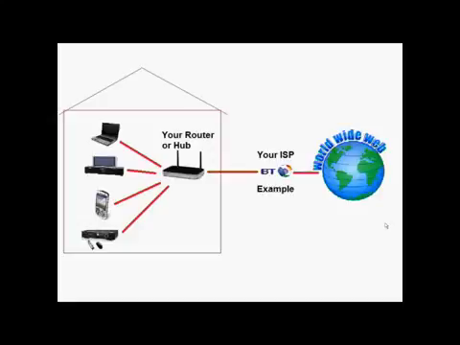There are some well-known service providers such as BT, Virgin Media, TalkTalk, and so on. Here we are using BT because it is one of the most known ones. Your Internet Service Provider then links to the outside world, or World Wide Web.